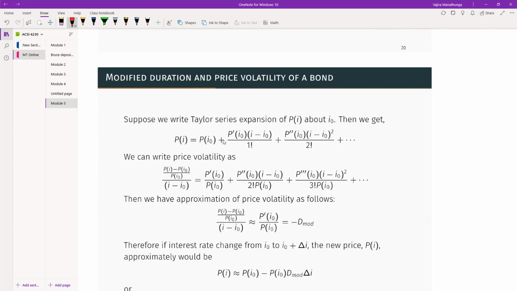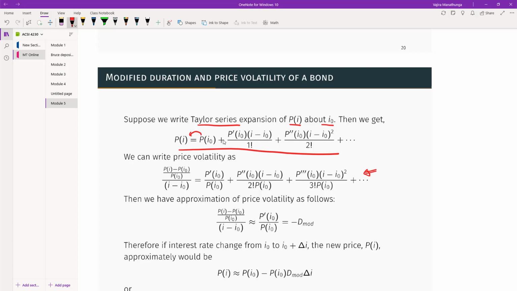The first thing we can do, using a Taylor series, is expand the price Pi about any given rate I naught. Okay, so this is the Taylor series. Then you can bring this to the other side and divide by Pi naught, then I minus I naught, and you will get this nice expression.